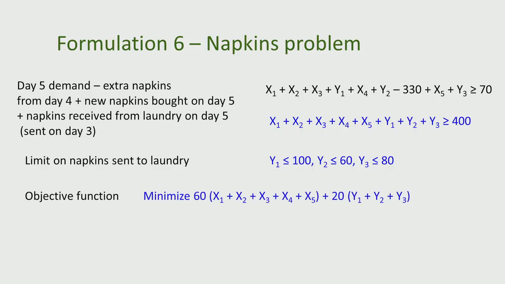And the objective function now will be to minimize the costs. The new napkin costs 60, and we are buying x1 plus x2 plus x3 plus x4 plus x5 amount of new napkins on days 1 to 5. So, the new napkin cost is 60 into x1 plus x2 plus x3 plus x4 plus x5. y1 plus y2 plus y3 is the number of napkins sent to laundry, taking into account all the 3 days.